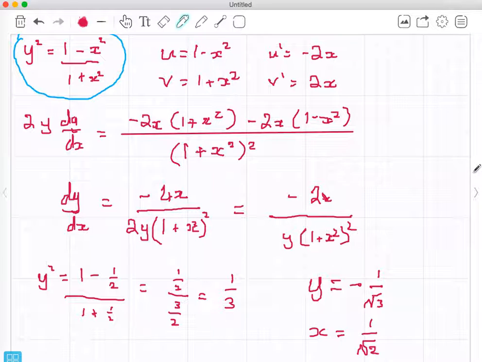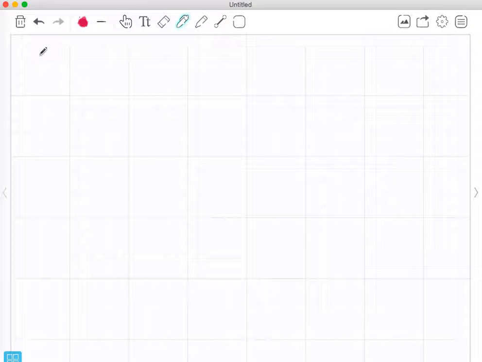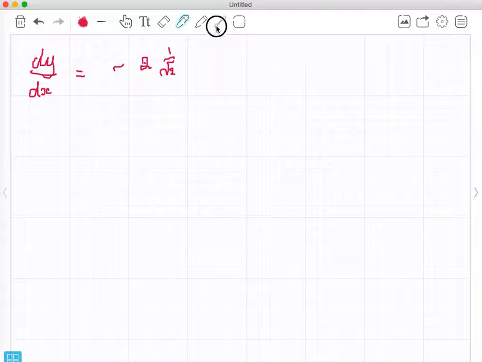So this is going to be, and you can double check as I put these numbers in, so this is what I'm putting it into. You might want to copy that down because I'm going to use another page. Dy by dx, the gradient that I'm looking for, is minus 2 times 1 over root 2 for x.